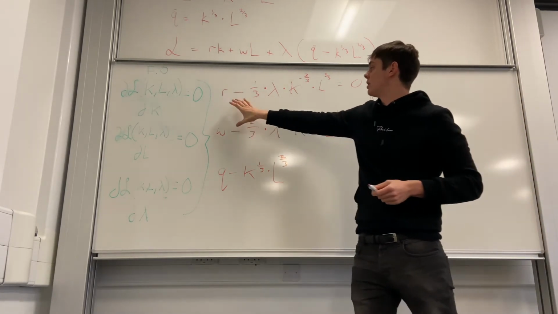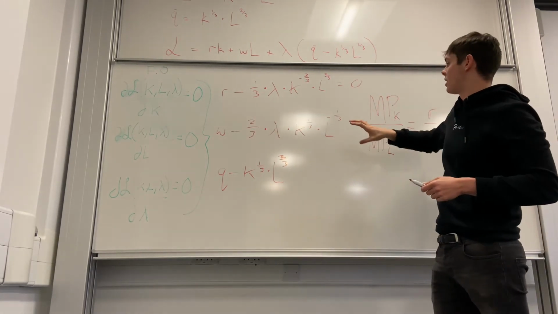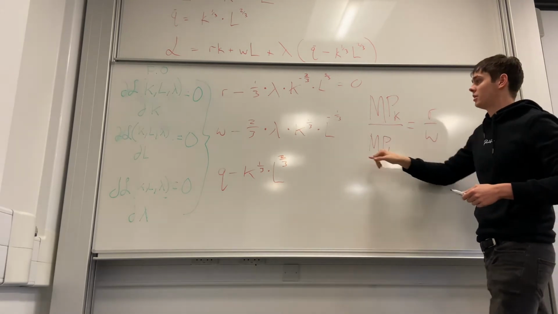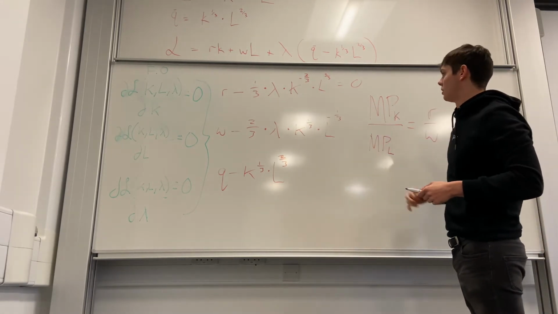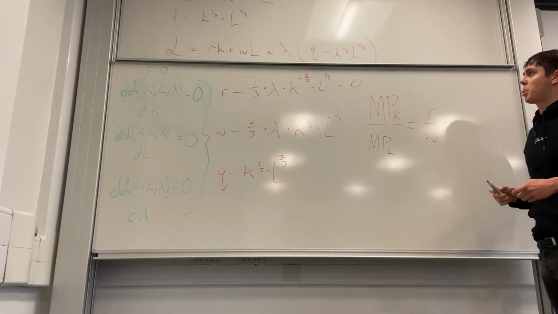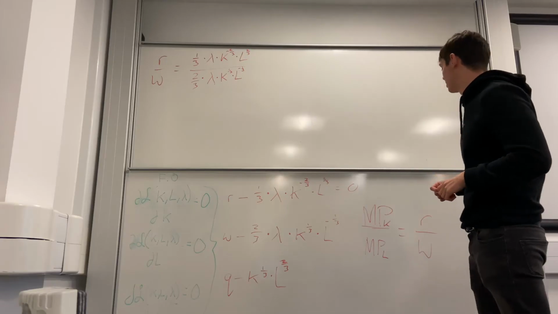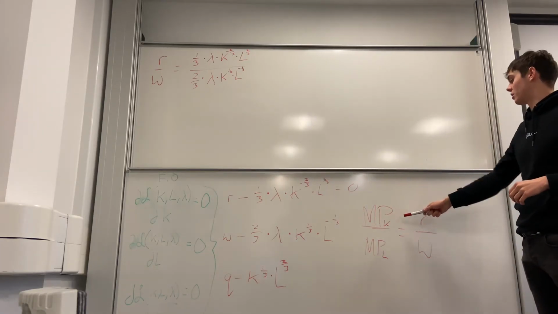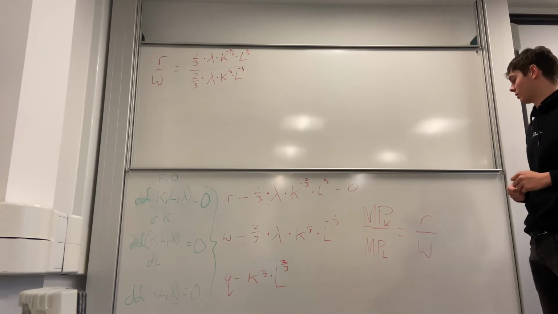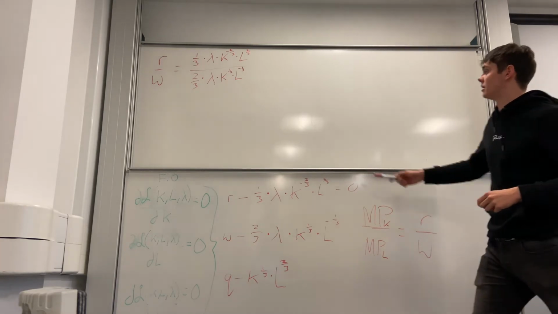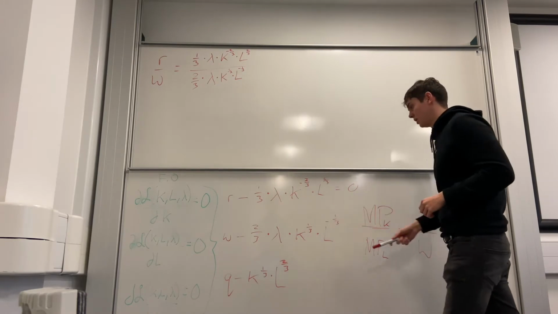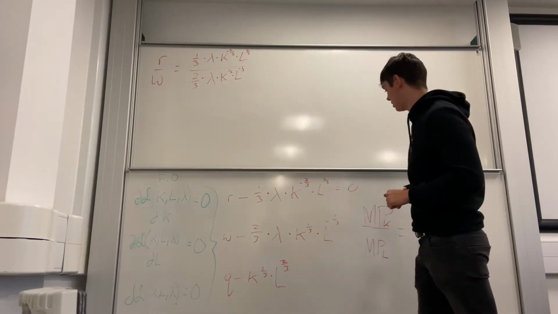So all we do is we take these two to the other side, and then we divide the marginal product of labor by that, or the other way around. So following the optimal decision rule, the marginal product of capital over marginal product of labor is rewritten out here. So we've taken the R over W to the other side.